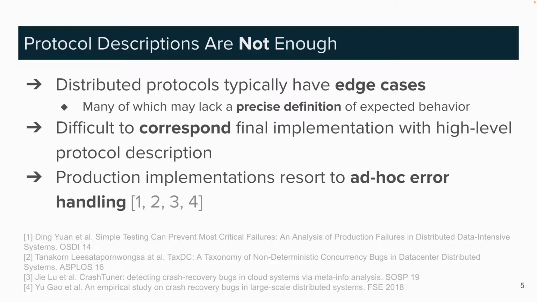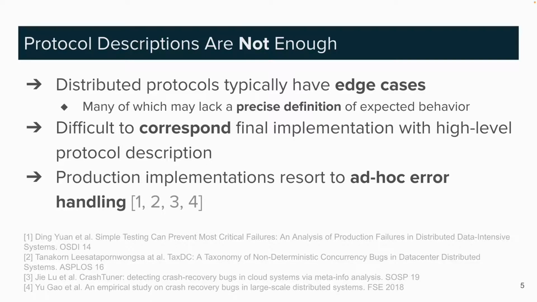So we know that distributed systems are built based on distributed protocols, but it's actually hard to correspond the final implementation of a system with its high-level protocol design, because protocols typically have edge cases and production implementations resort to ad hoc methods for handling these cases.